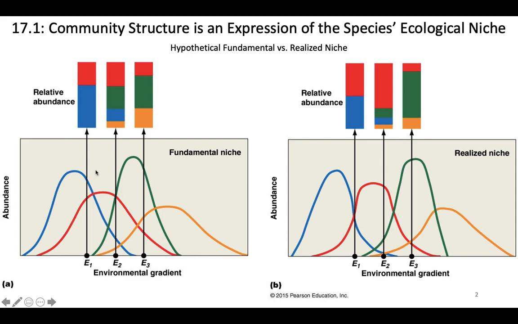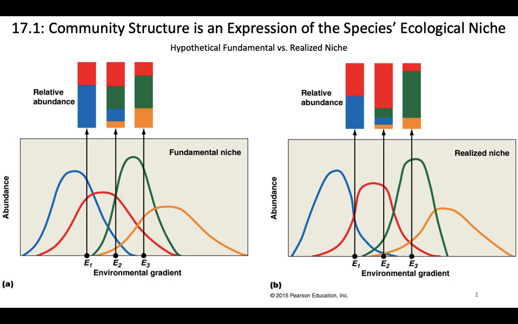If we were to try to quantify the community at different places along this environmental gradient, you would see a shift in relative abundance at different places unless we sampled right at the environmental gradient at which the species was at its optima. And then the relative abundances at any point along that gradient are going to provide a first estimate of what the community structure might look like.